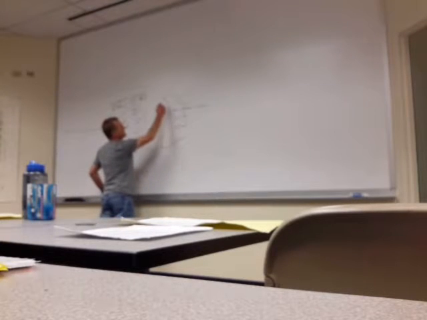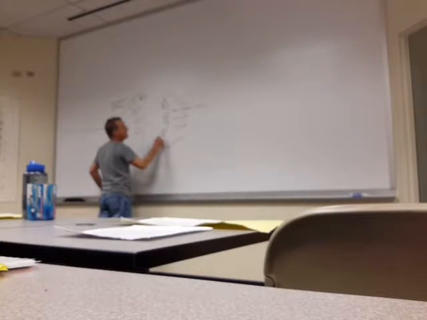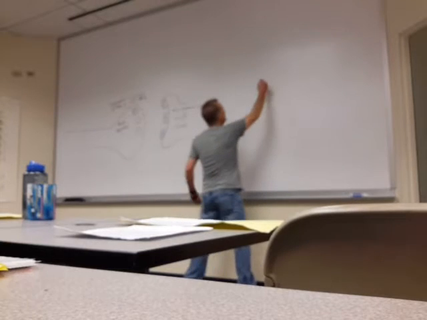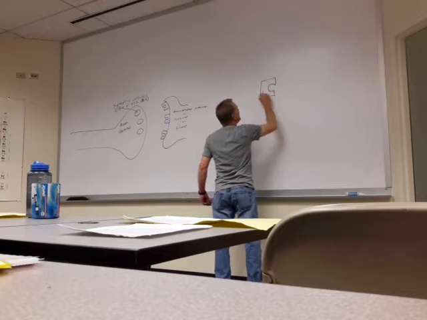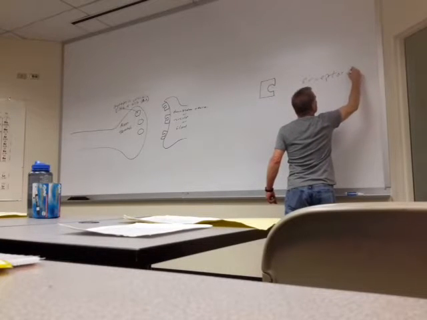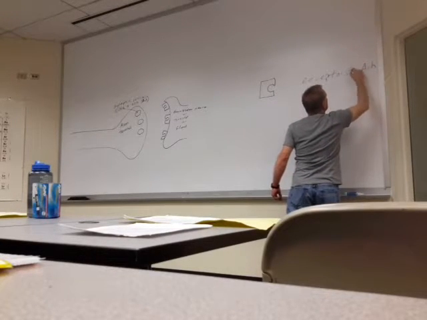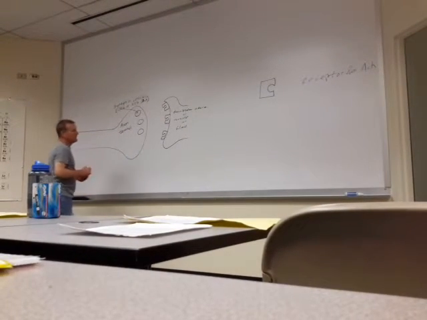On this downstream cell, we have receptors. These are receptors for acetylcholine.